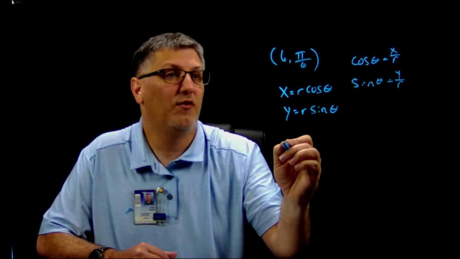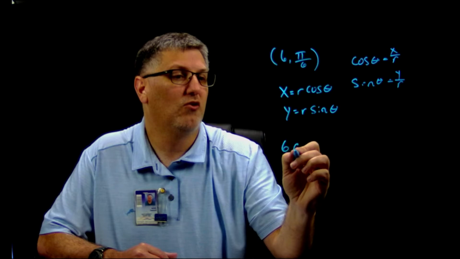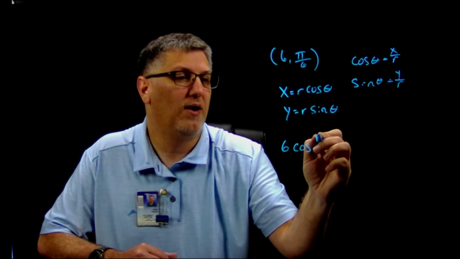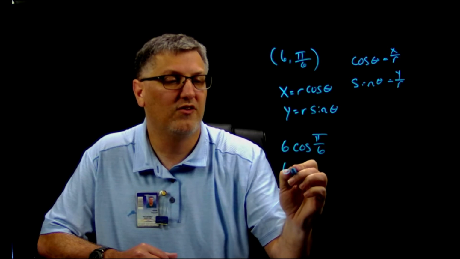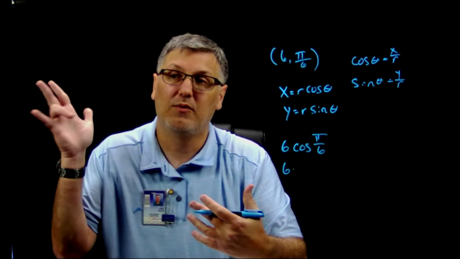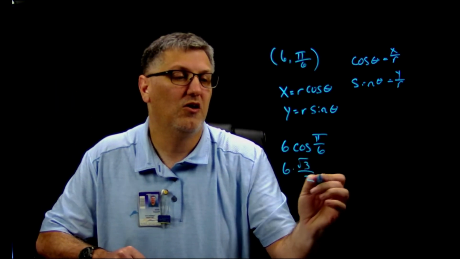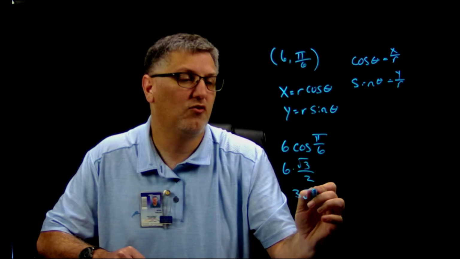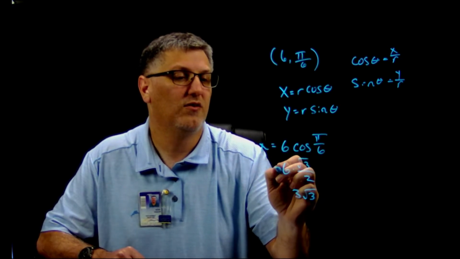So for my x value, I'm going to do my radius, which is 6, times cosine of pi over 6. Well, this is a unit circle value, so I've got 6 times, on the unit circle, cosine of pi over 6, last time I checked, is square root of 3 over 2. When I reduce this, I have 3 square root 3. Now, this is for my x.